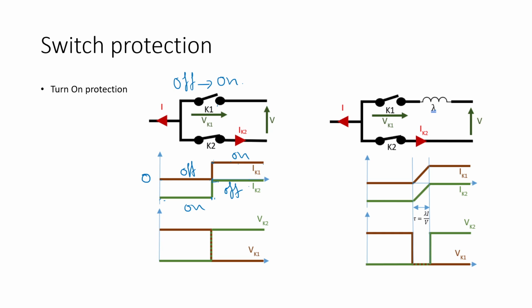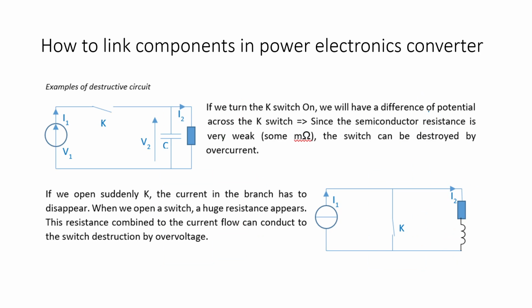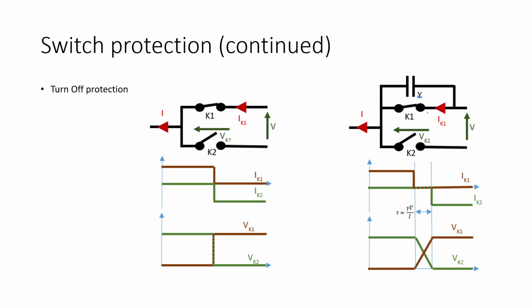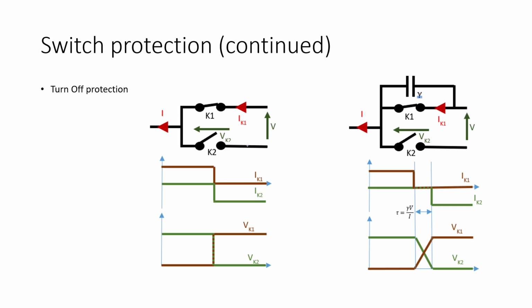But you also need to be careful when you use this storage element, especially with a source. Okay, let's see this kind of protection before getting to this one. So this one is about turn on protection, and this is about turn off protection.